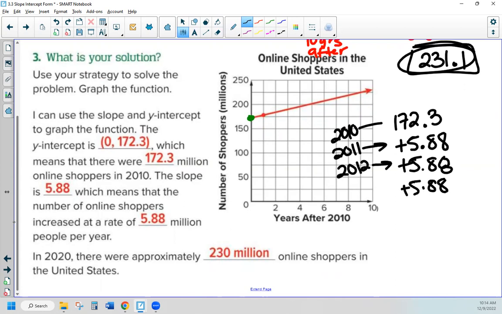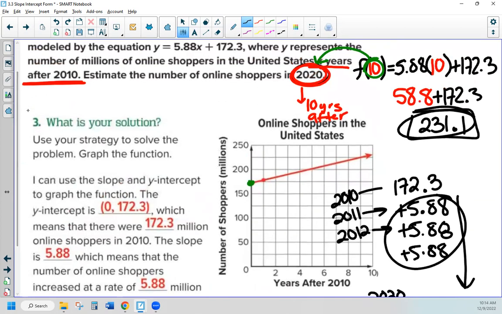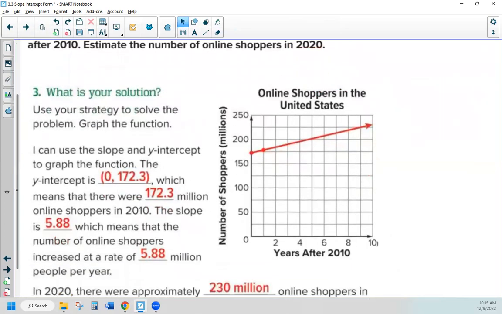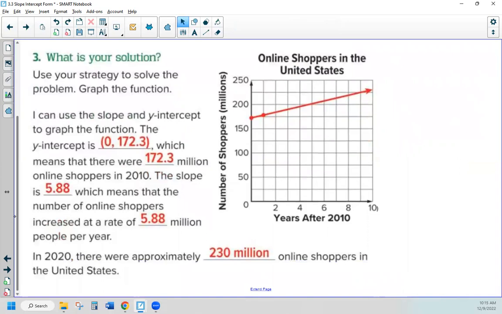We're going to be doing this all the way until 2020, which how many times would that be? That's 10 times. We're going to be doing 5.88 10 times, but then we're going to add it to the starting amount. That's how that should all make sense. There it is. All done. Peace out.